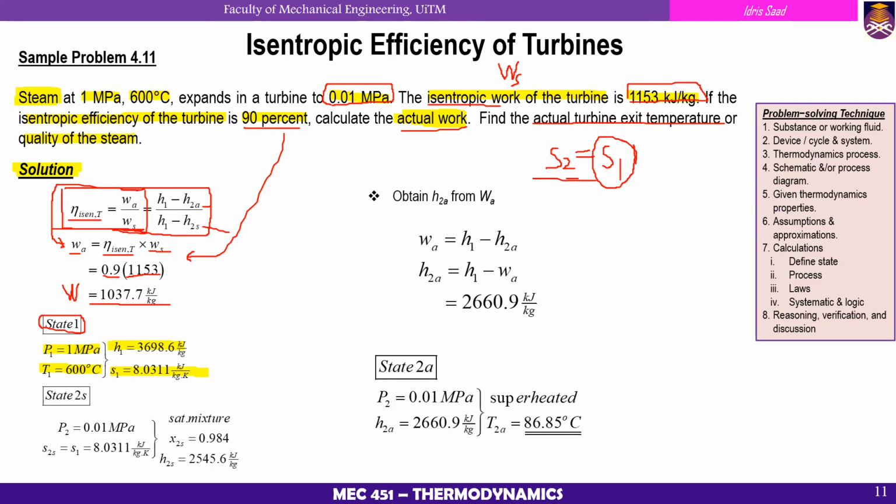Now I go to state 2S. This is the exit of the turbine in the isentropic condition. P2 is equal to 0.01 megapascal, and we know that for isentropic, S2S is equal to S1, which is 8.0311.